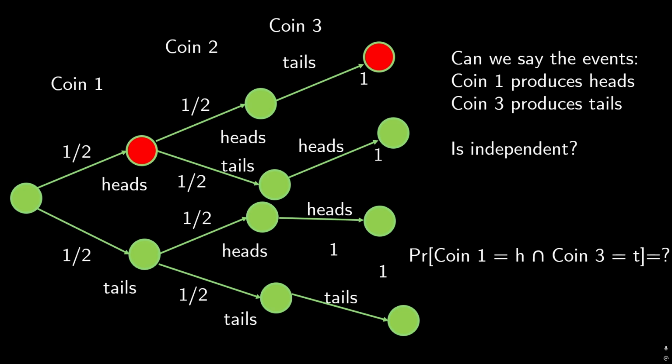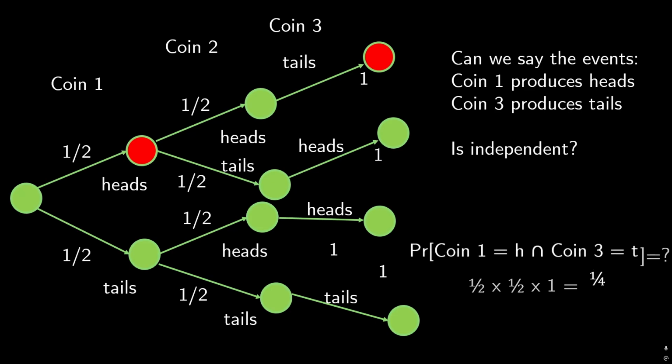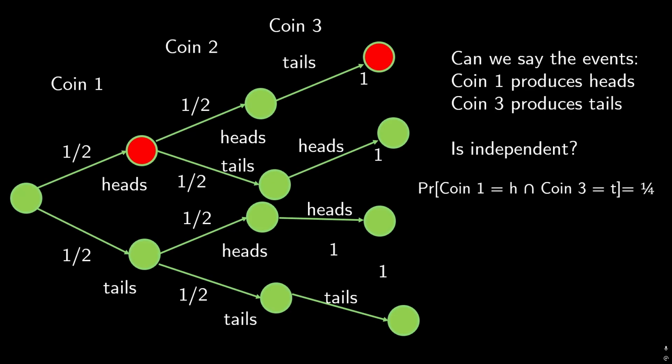Now from here, notice that if coin 2 produces tails, coin 3 will produce a heads, which is not what we want, so it must go up. So it has to be half times 1, which gives us 1/4. So this is the probability coin 1 gives us heads and coin 3 gives us tails.